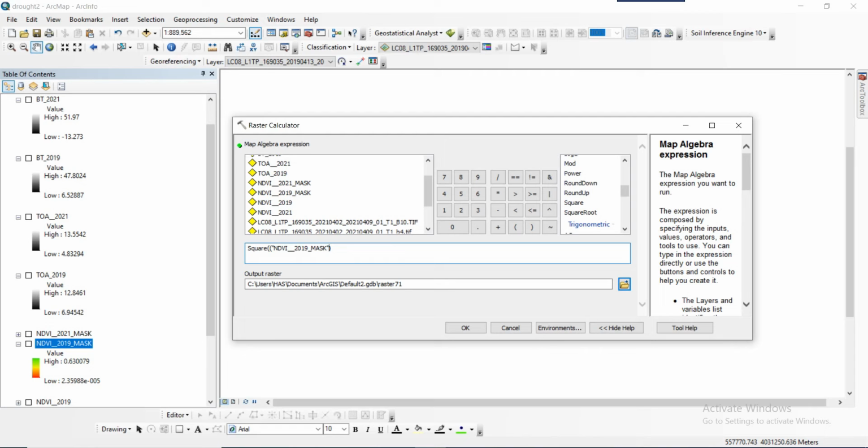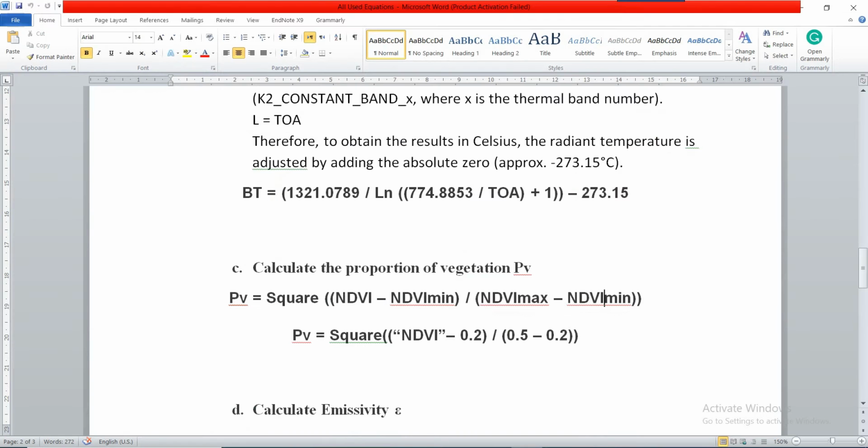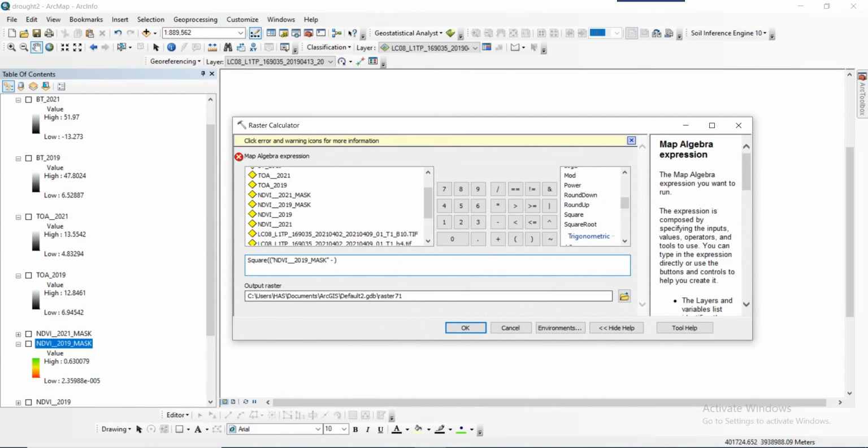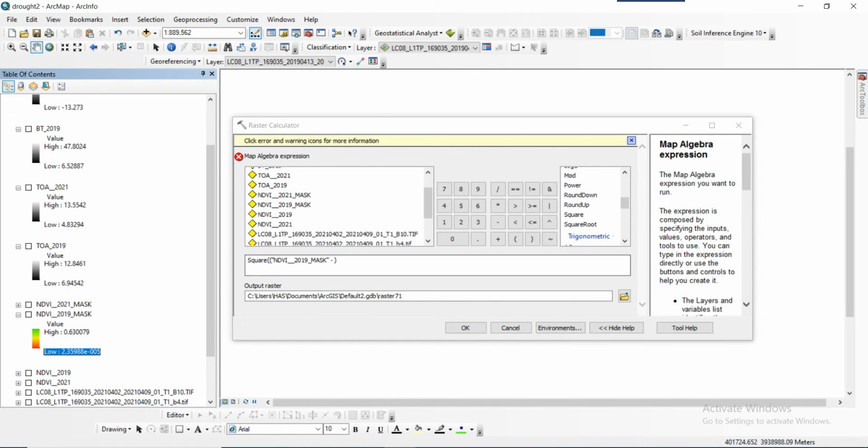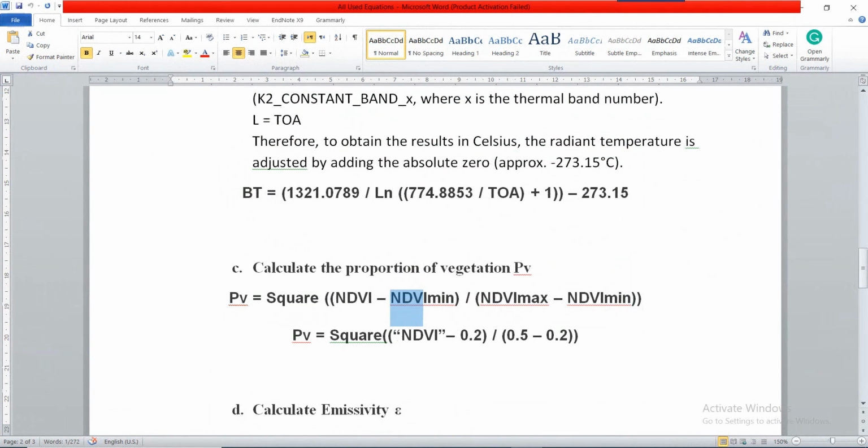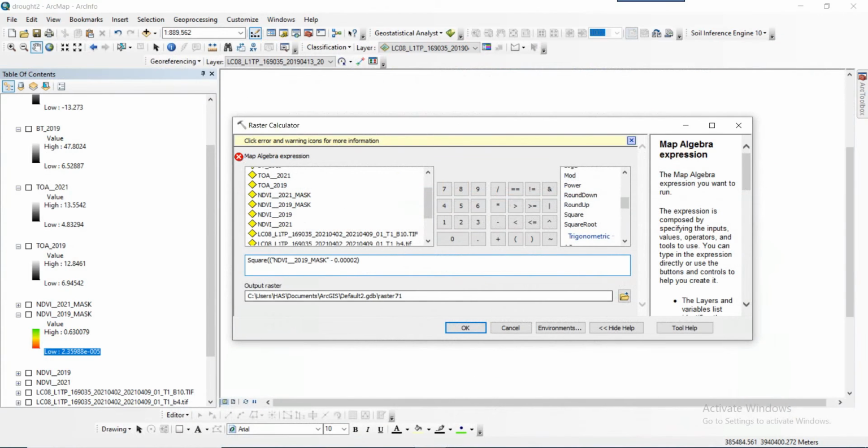So we're gonna use NDVI for 2019, which has been masked, minus the minimum value, which is this value, divided by NDVI max, which is 0.63, minus the same minimum value.